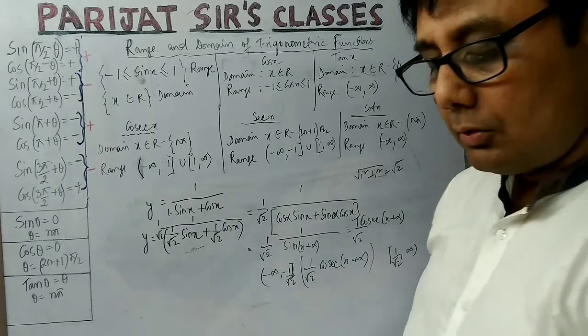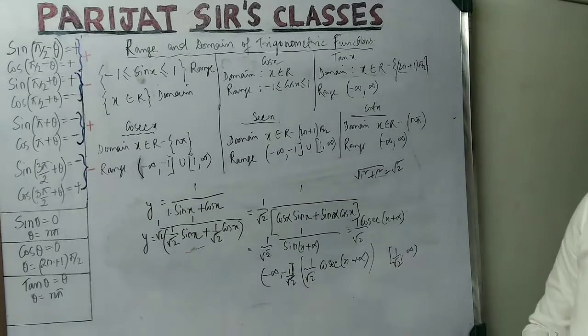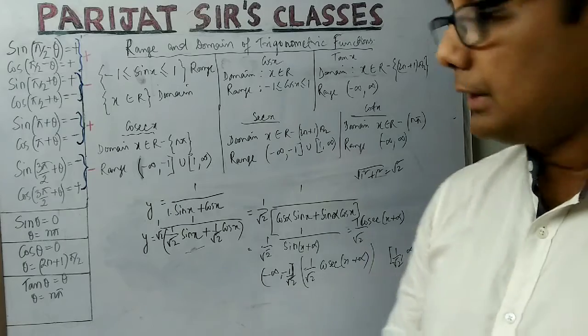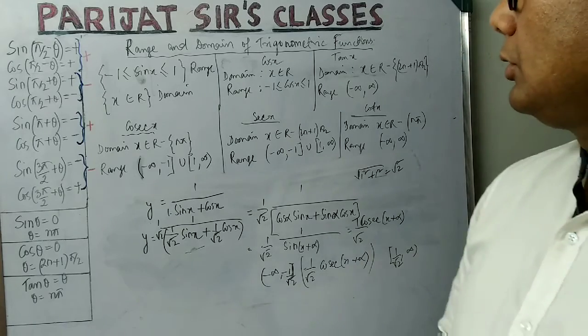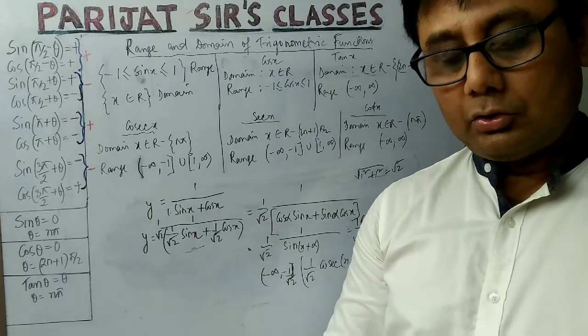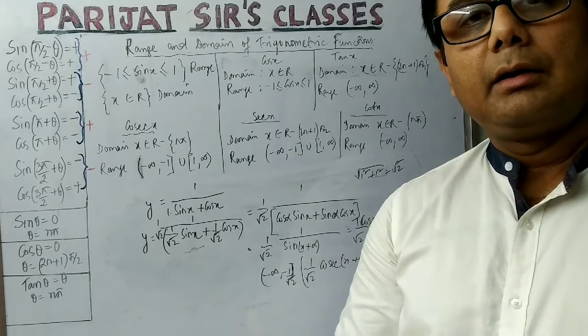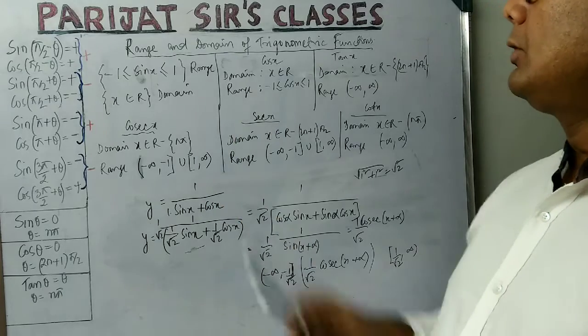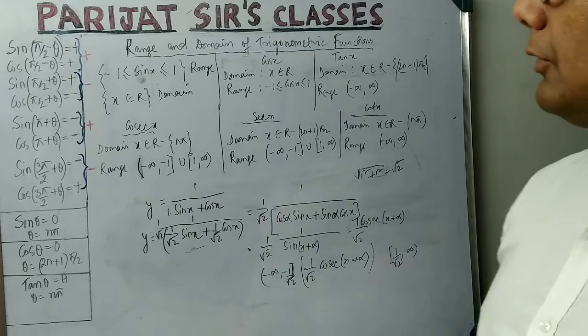So this is how we find the range and the domain of different functions. I showed you today the different varieties of how to find the domain and range. Today's class was mainly about finding the domain and range of different trigonometric functions.